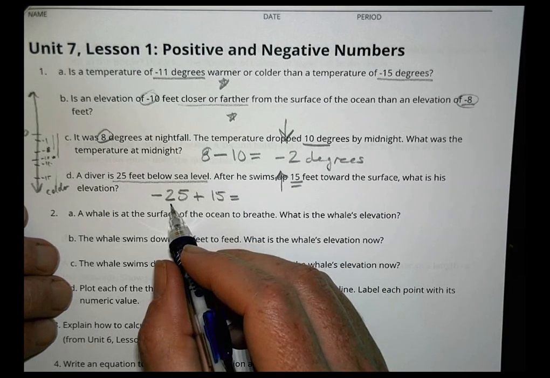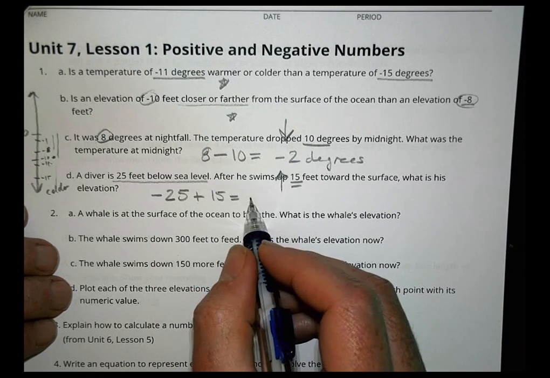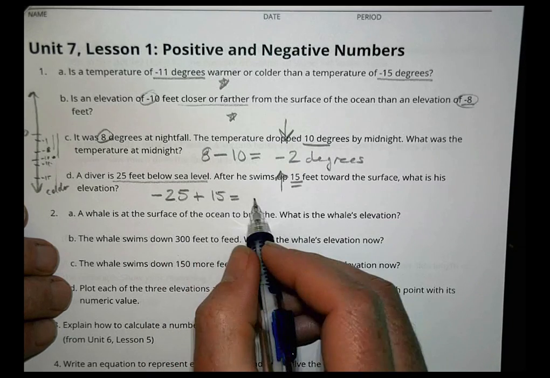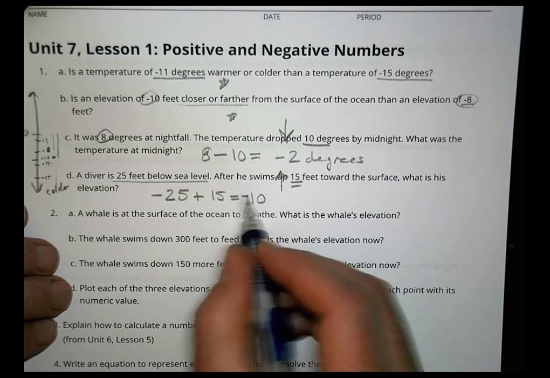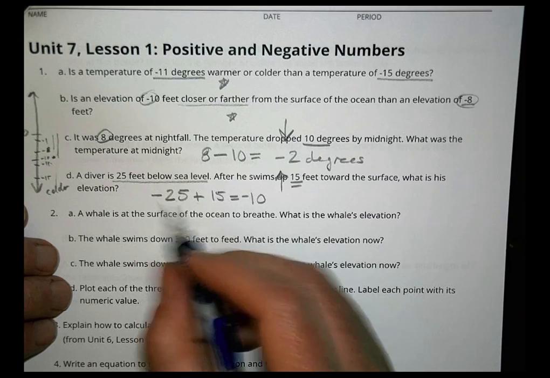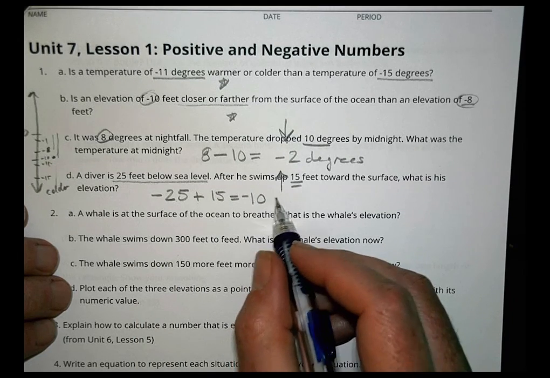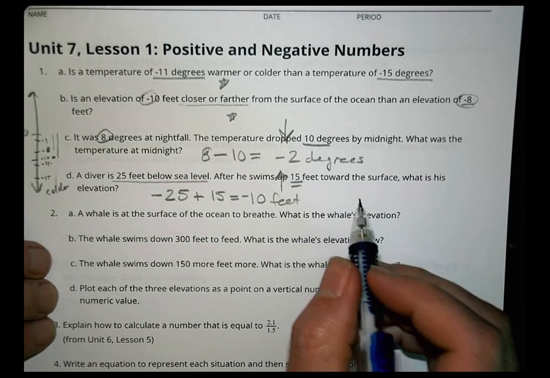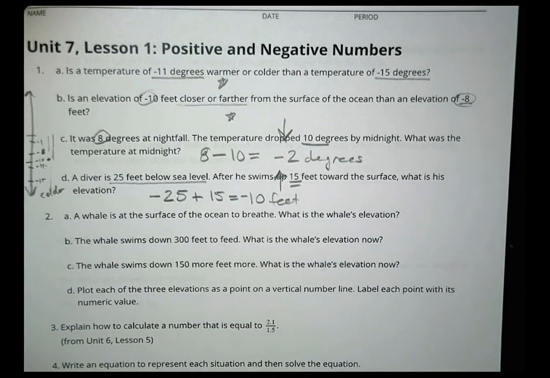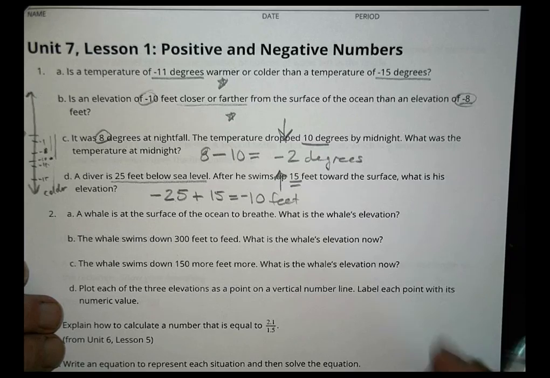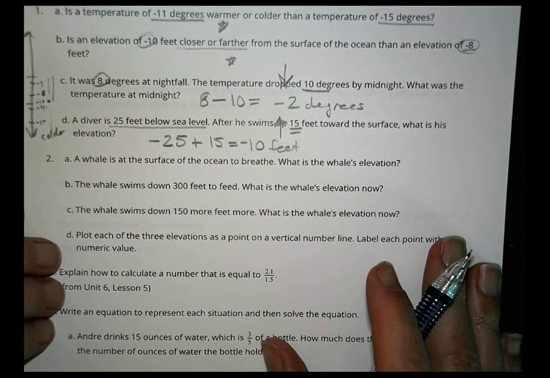So he started at negative 25 and went up 15. The new elevation will be 25 minus 15, which is 10, and we keep it negative because this has a greater absolute value. So we're going to be at negative 10 feet as the elevation. Again, that comes back to our little summary. We talked about the octopus being at negative 10 and going up 8. Same idea.